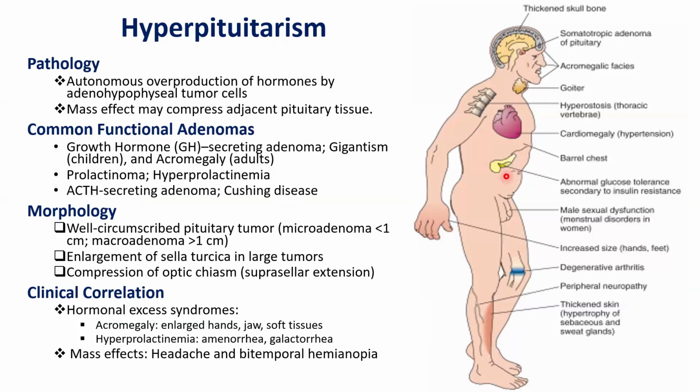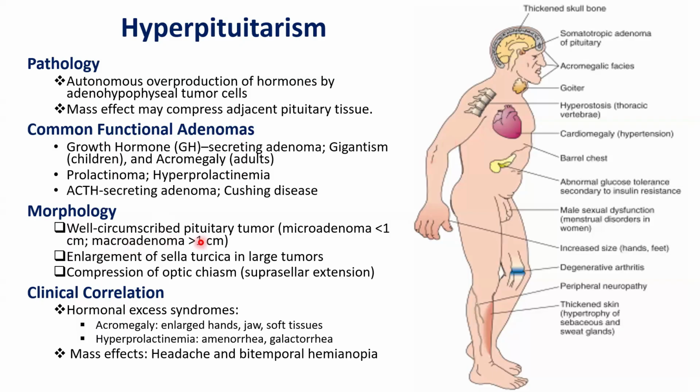Ideally, what you'll be able to appreciate morphologically, if you look at the pituitary tumor for a person who has hyperpituitarism, is a very big tumor, usually called a pituitary macroadenoma.